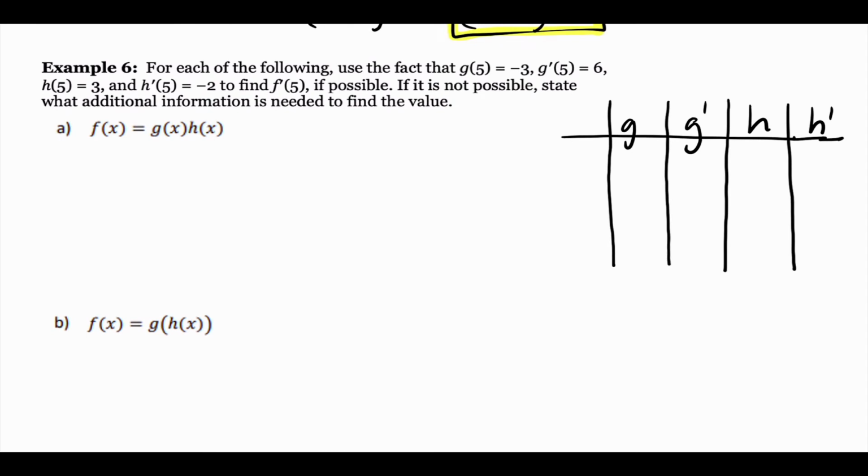What x value have they given you information about all of those on? 5. So we're going to put the 5 over here.